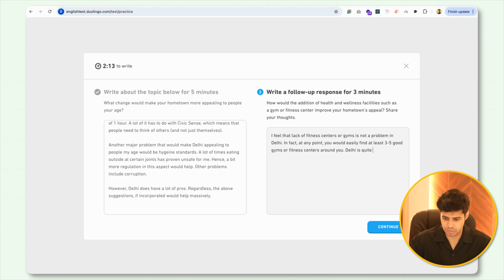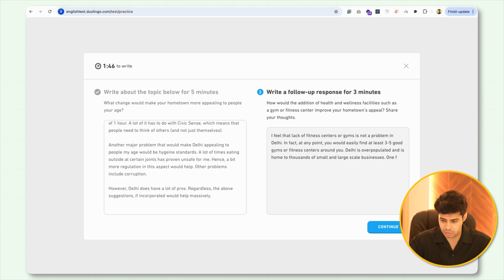Delhi is quite well populated. Well, I would say overpopulated, and is home to thousands, maybe even hundreds of thousands of small and large scale businesses.